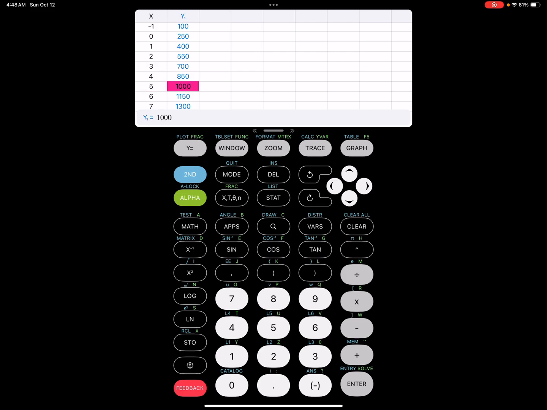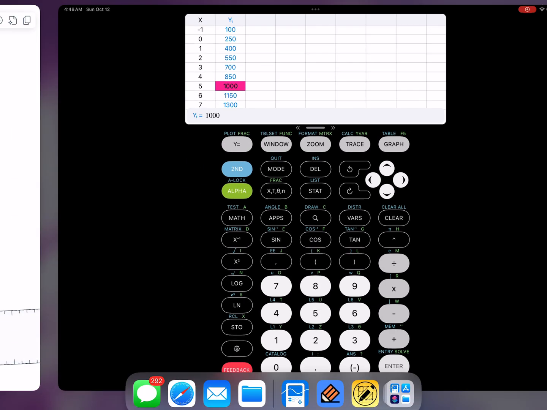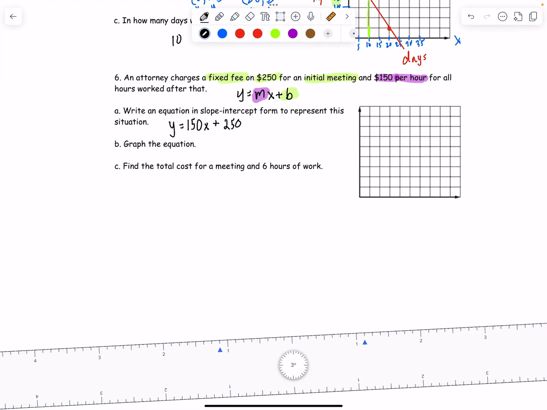So I'll write 0, 250 and 5, 1,000. So these are pretty big numbers. So we're going to have to adjust our x and y to reflect that.